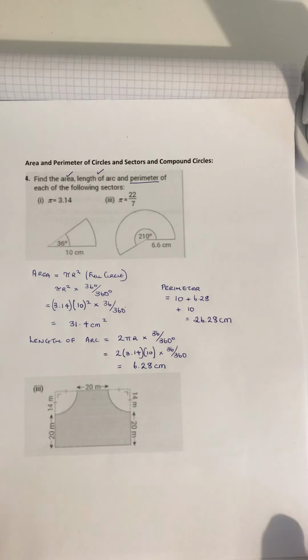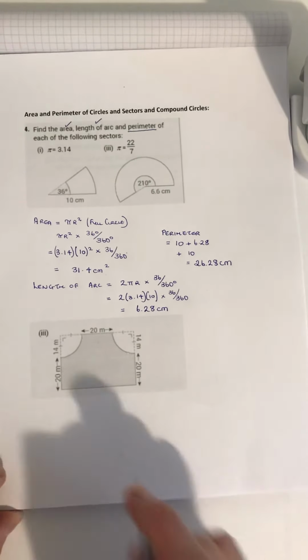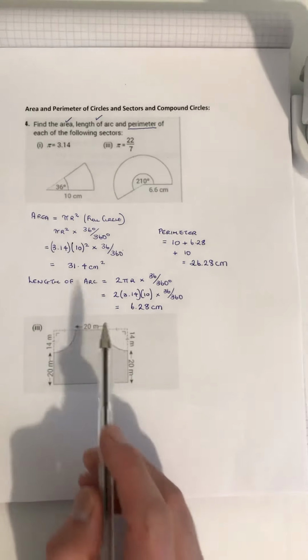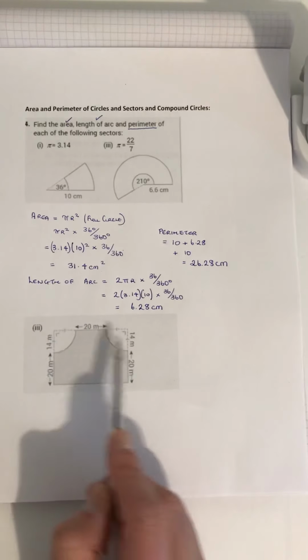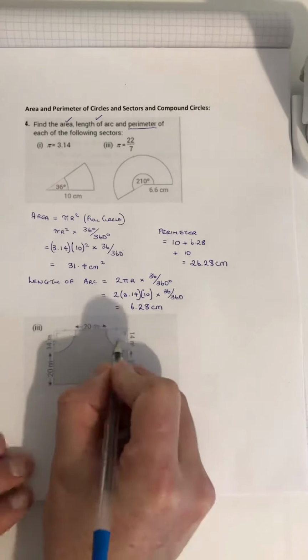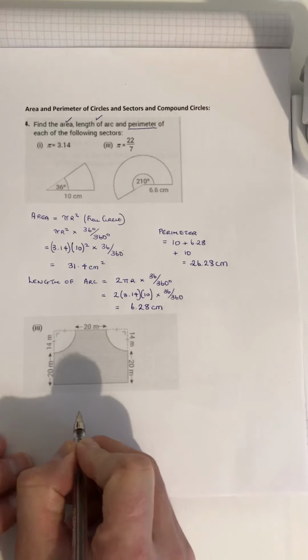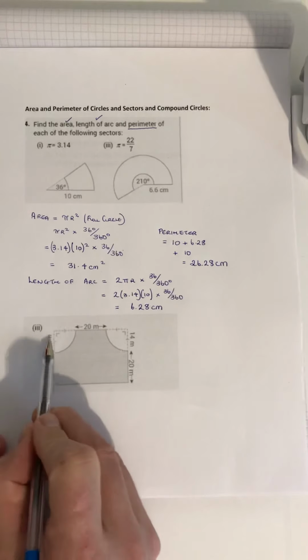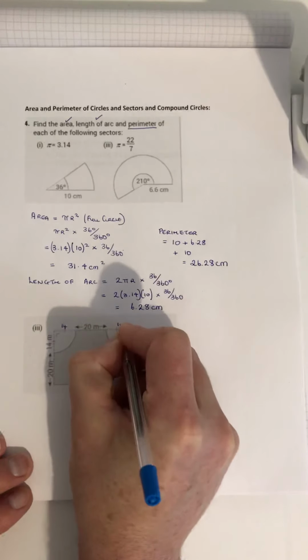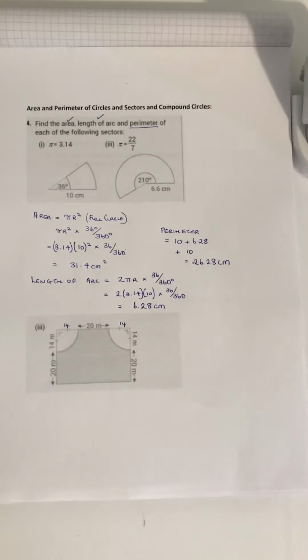Okay, now question part 3 here. We want to find the area, length of arc, and perimeter of each of the following, okay? So these circles are the same, alright? So this is 14, so this will be 14, and 14 also, because it's the radius of a circle, alright?